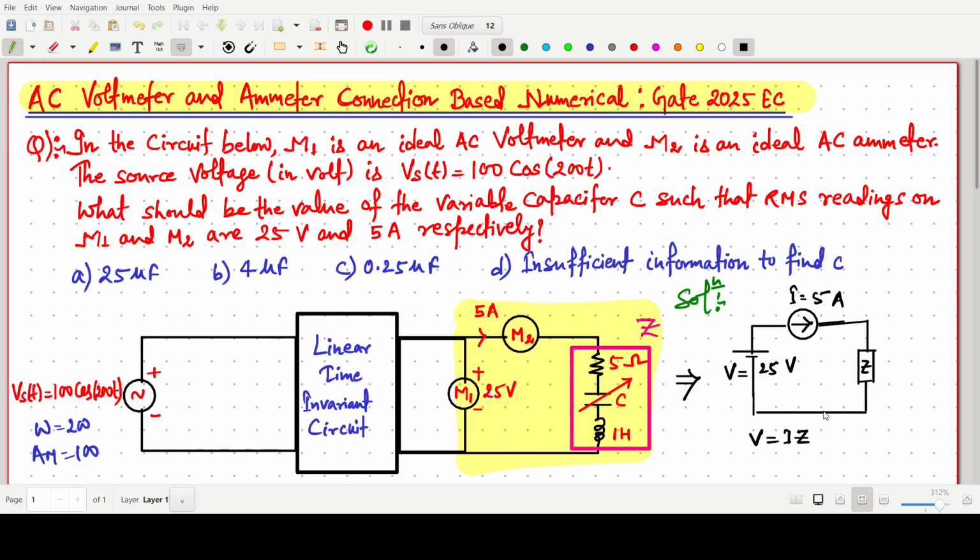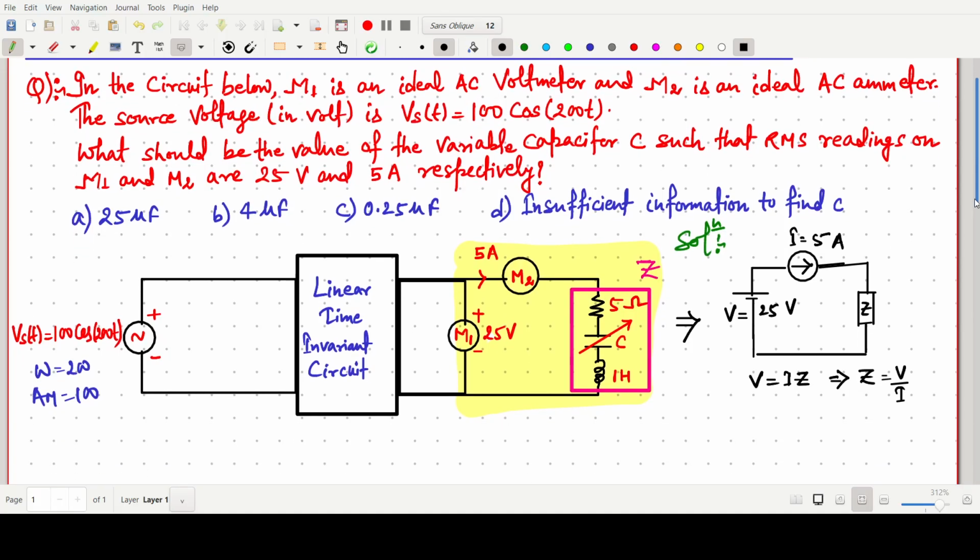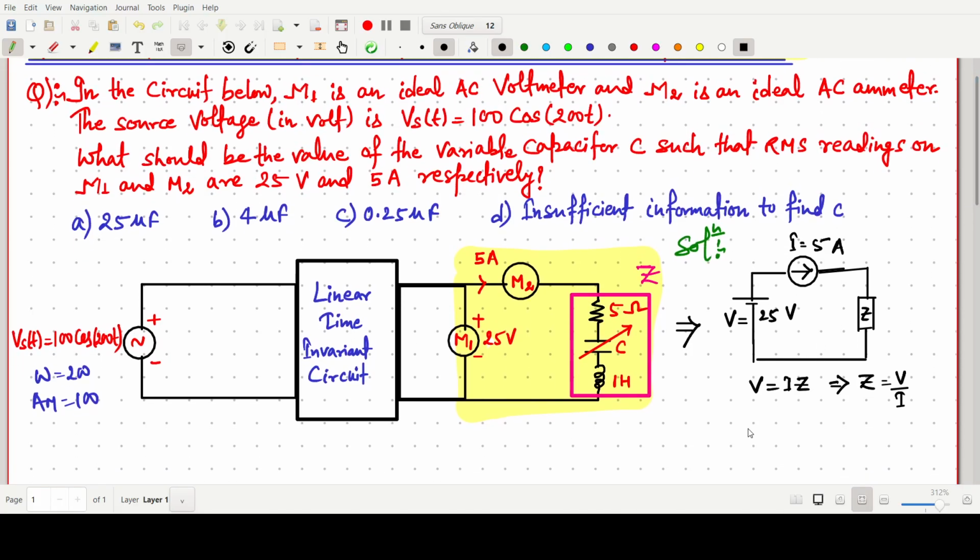Generally we write V equals IR, but here it is impedance, because capacitors and inductors are there. So from this we can find the value of Z equals V by I. Z equals V is 25 volt and I is 5 ampere, so the impedance value will simply be 5 ohm.